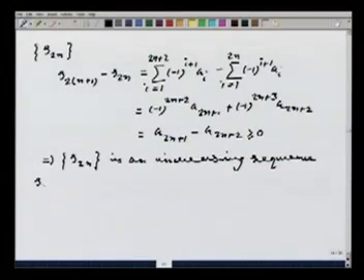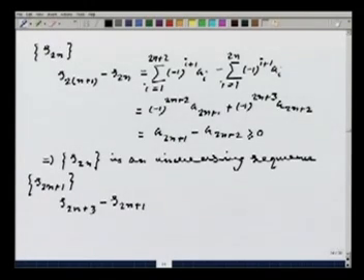Now if I start with the odd subsequence of partial sums, S_{2n+1}, then I would certainly look at S_{2n+3} minus S_{2n+1}.